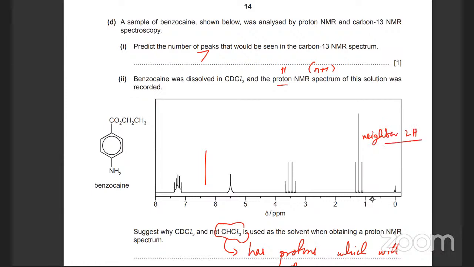So it's going to be this one, CH3, because the neighbor had 2 hydrogens, which is why it split into 3 peaks. It's a triplet peak because the neighbor had 2 hydrogens.